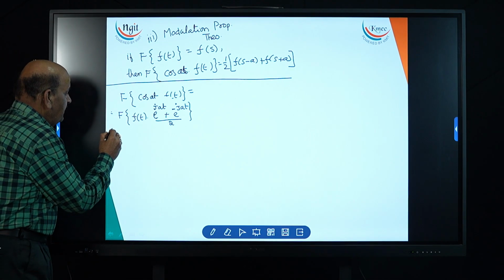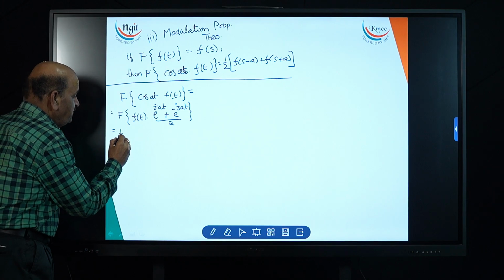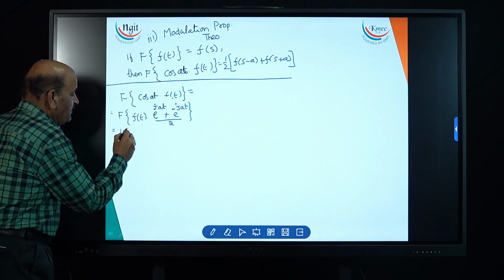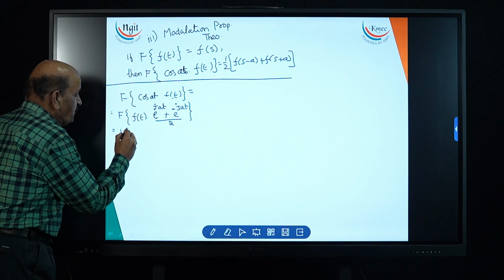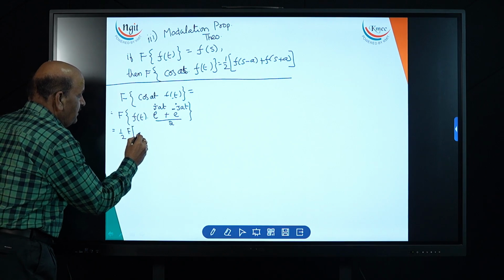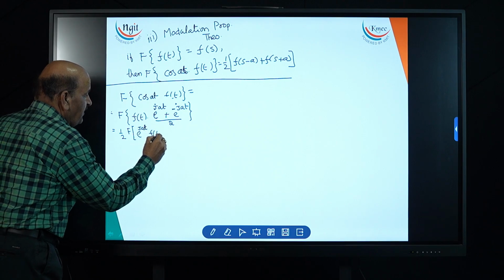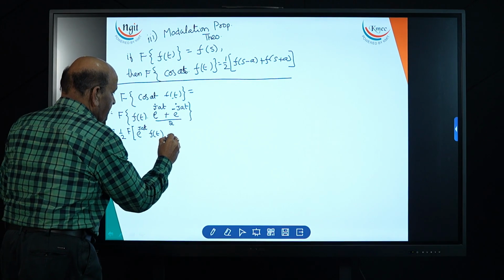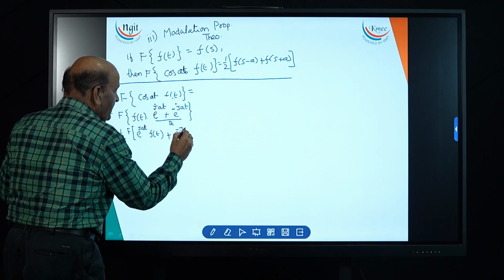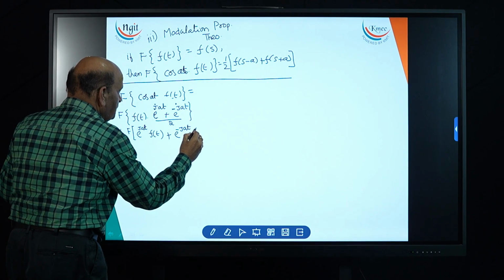Now half is a constant, therefore it equals half of the Fourier transformation of e power j a t into f of t plus e power minus j a t into f of t.